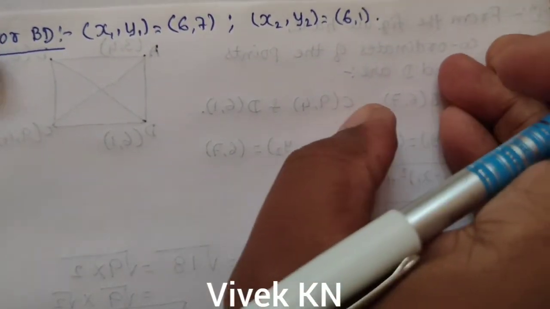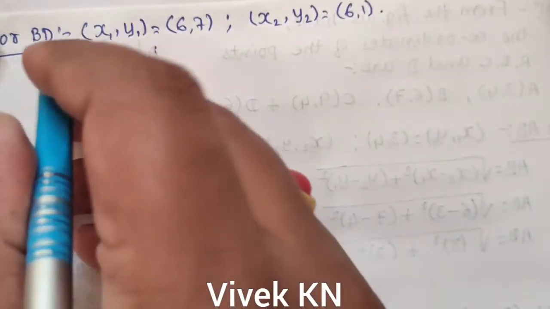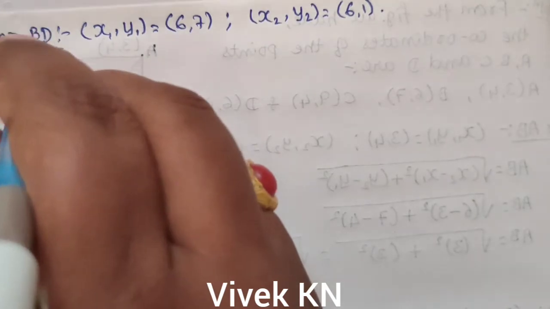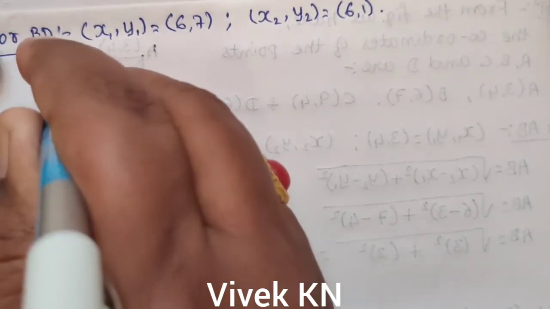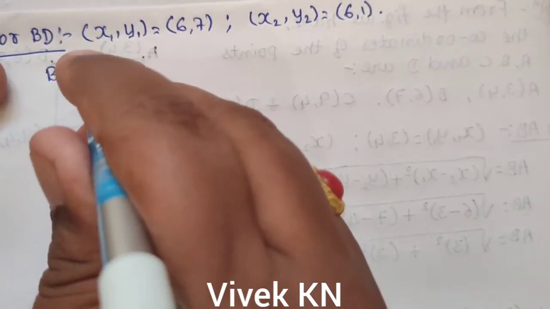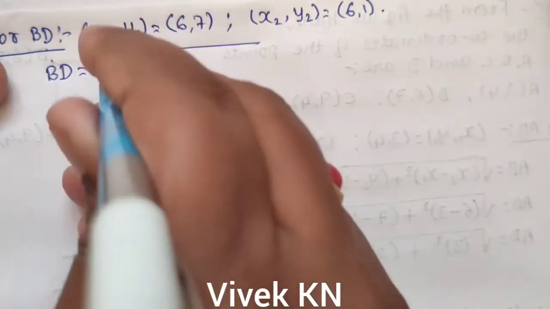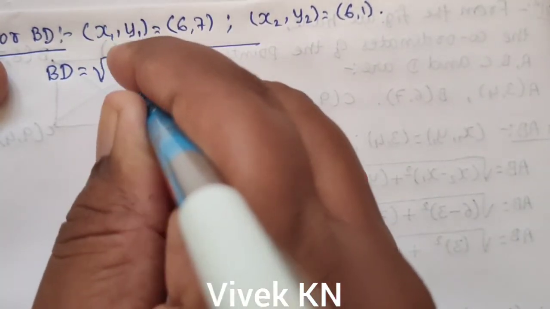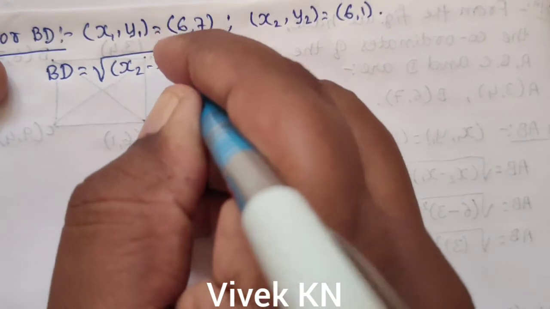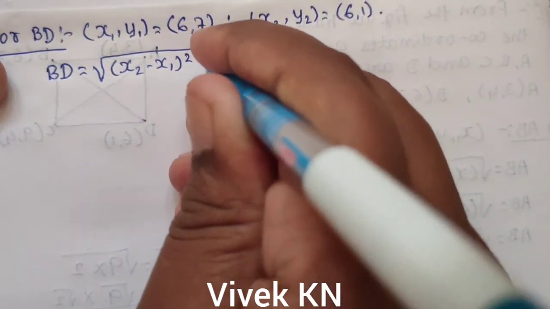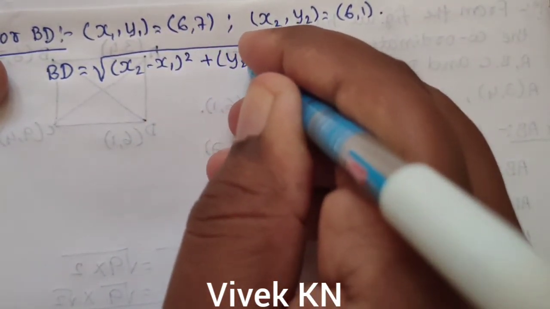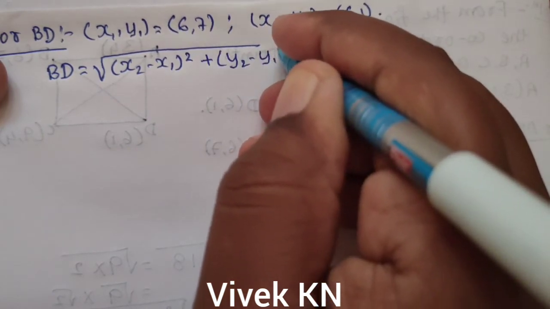Now let us calculate the distance between BD by using the distance formula, which is given by under root of x2 minus x1 whole square plus y2 minus y1 whole square.